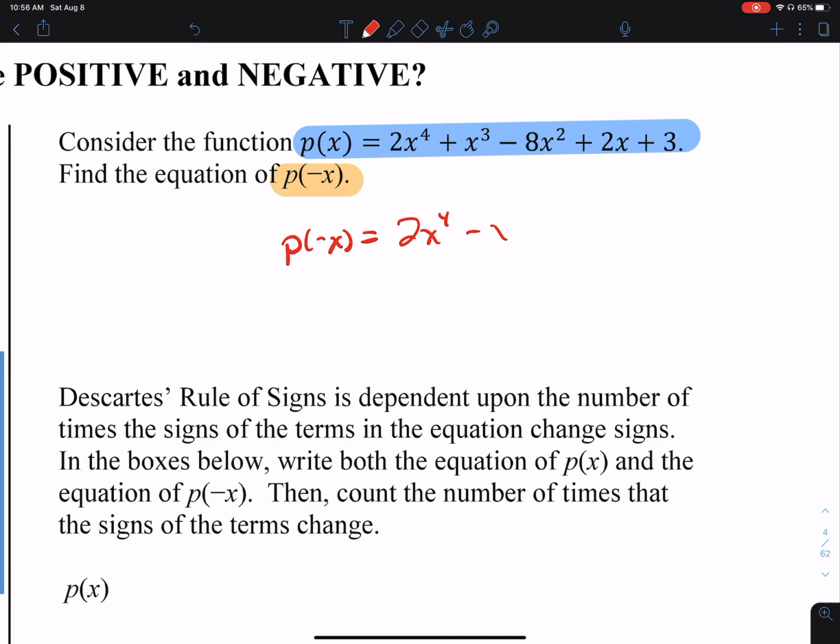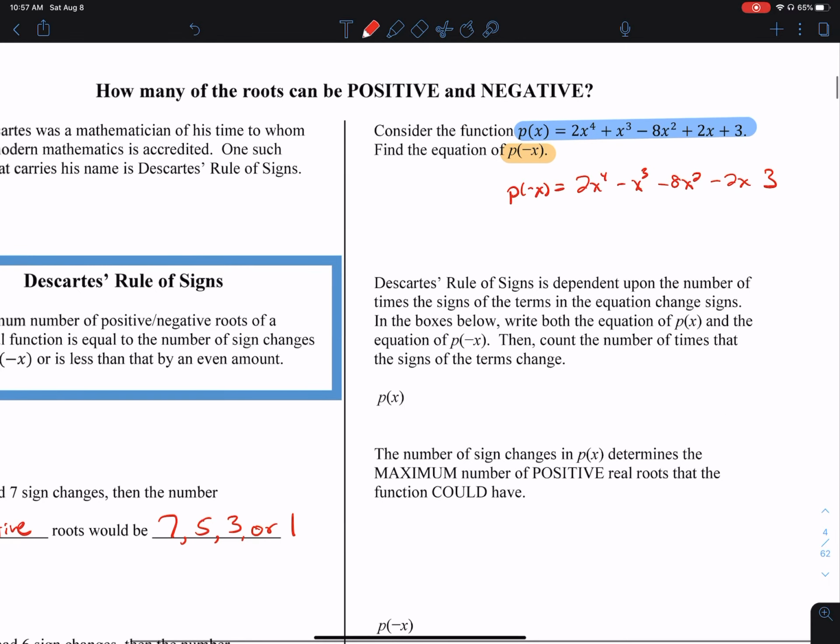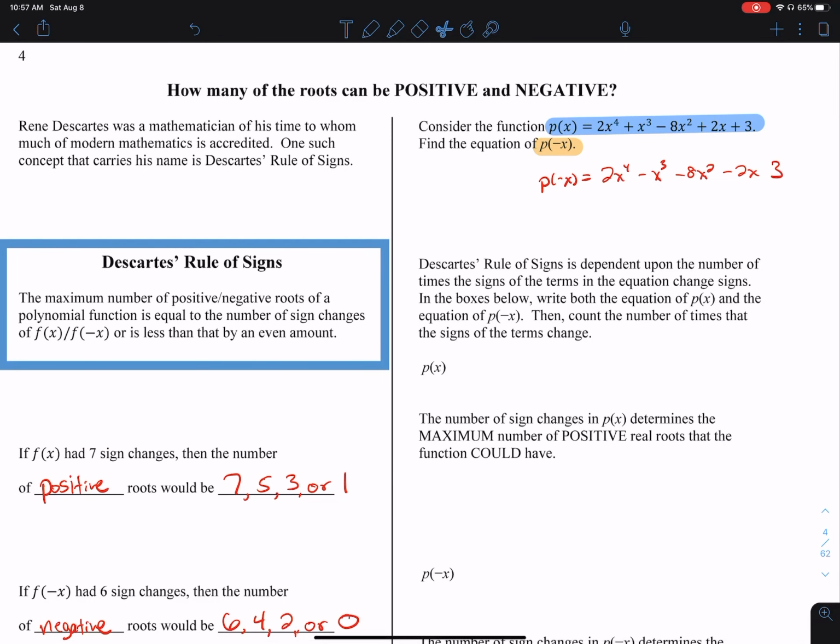So it's a negative x cubed. Even, so it stays the same. Odd, so it changes sign. No x to put in, so it stays the same. For us to find the equation of p of negative x, go ahead and write that right down here.